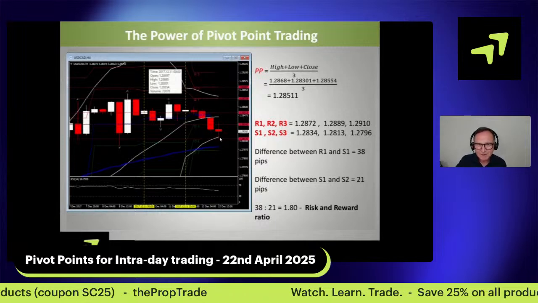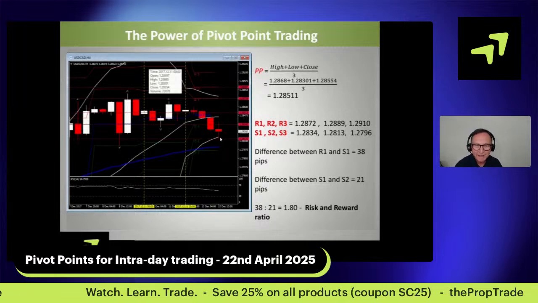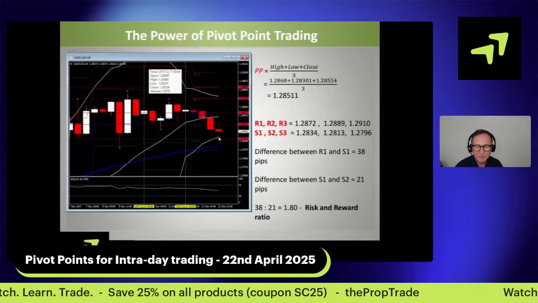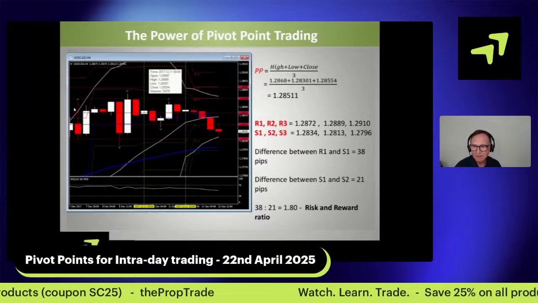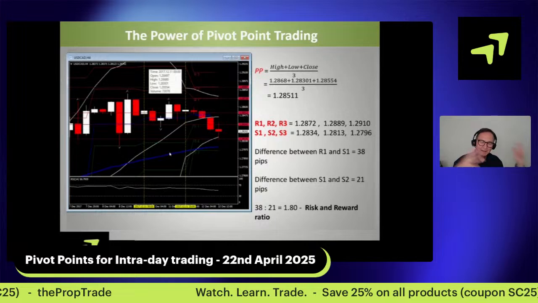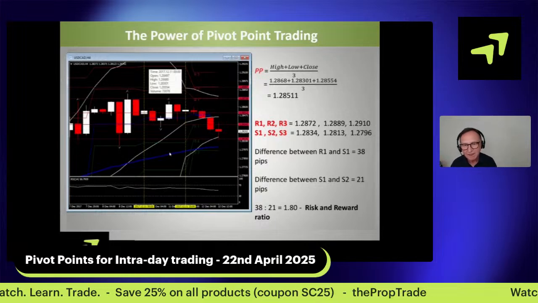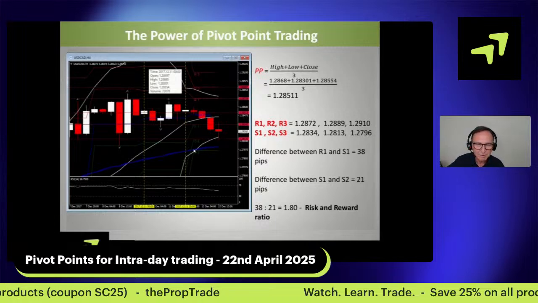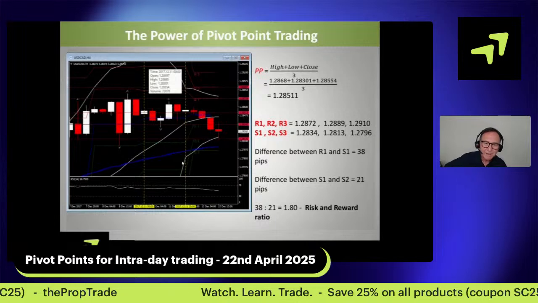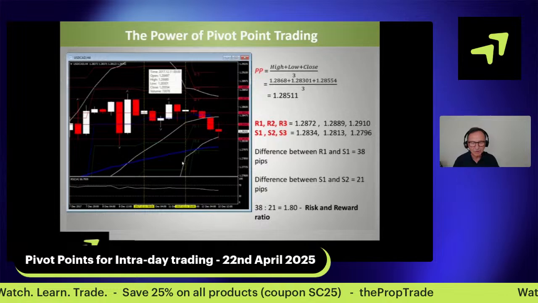So again, it looks like the stretch to S3 probably isn't going to happen because there's a big support as we poked out of the Bollinger Band for the first time in lots and lots of candles. The last time was here. So again, this is using pivot points with Bollinger Bands and a moving average on a higher time frame. I'm assuming that's a 50 or a 200 moving average, the blue line on here. Maybe wrong, but anyway.